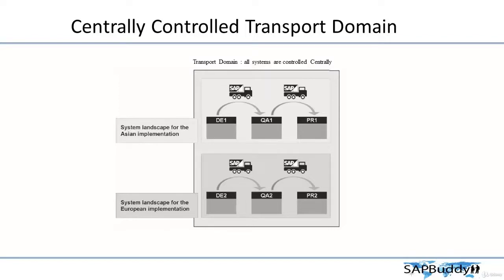Within the transport domain, all SAP systems should have a unique SID. In your network, you can have SAP systems with the same SID. However, in the transport domain, you cannot have the same SID. It should be a unique SID. In general, we will not have the same SID.